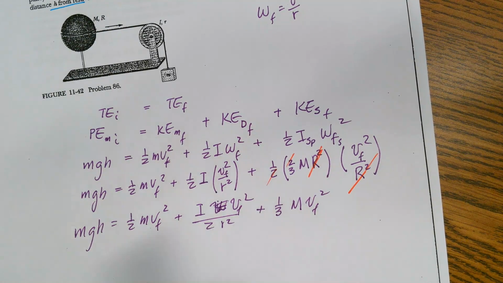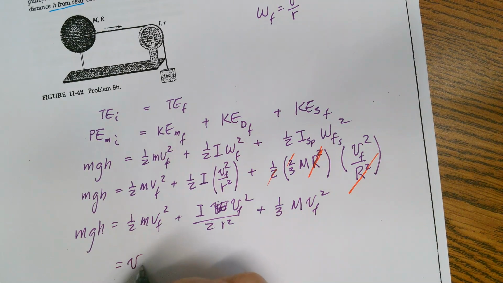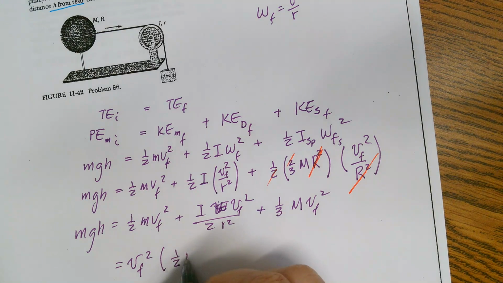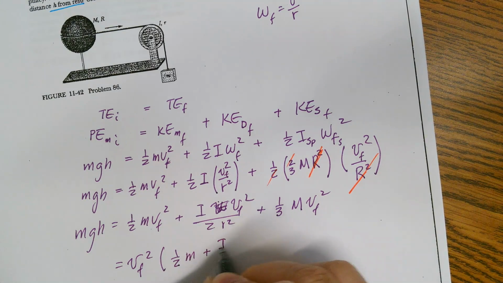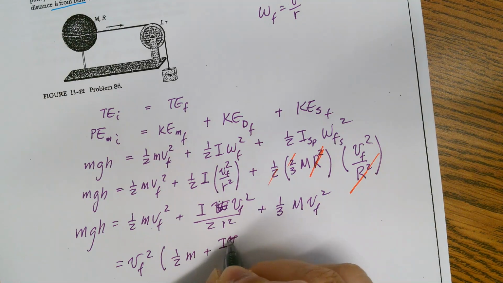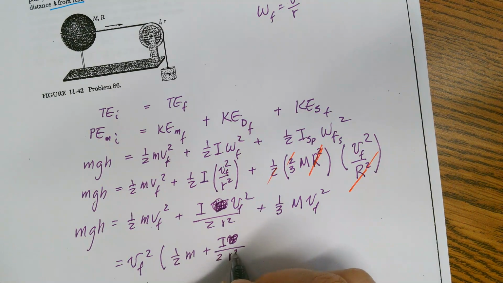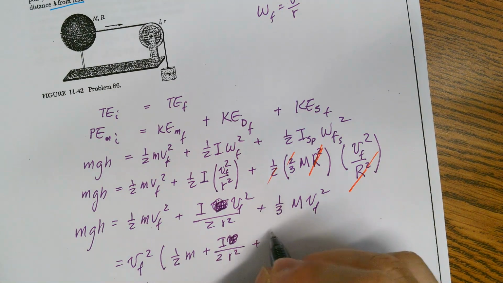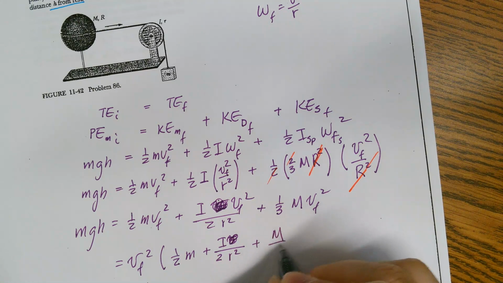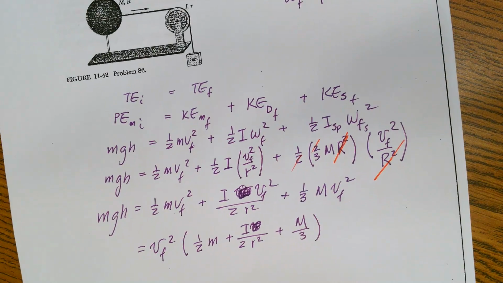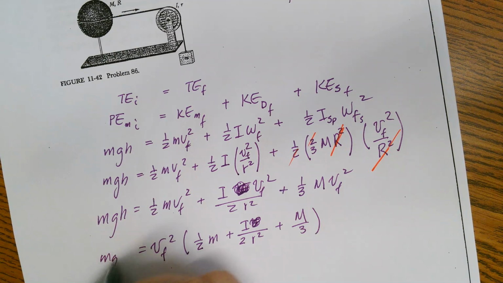So if you factor out the vf squared, we have 1/2 m plus I over 2r squared plus m over 3, right? Which is equal to mgh.